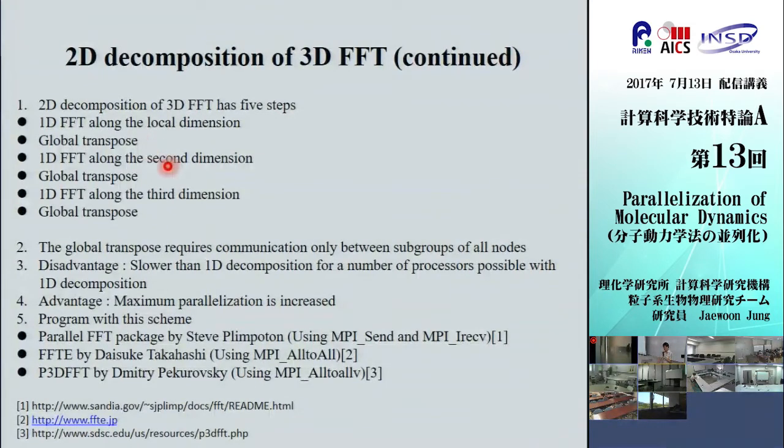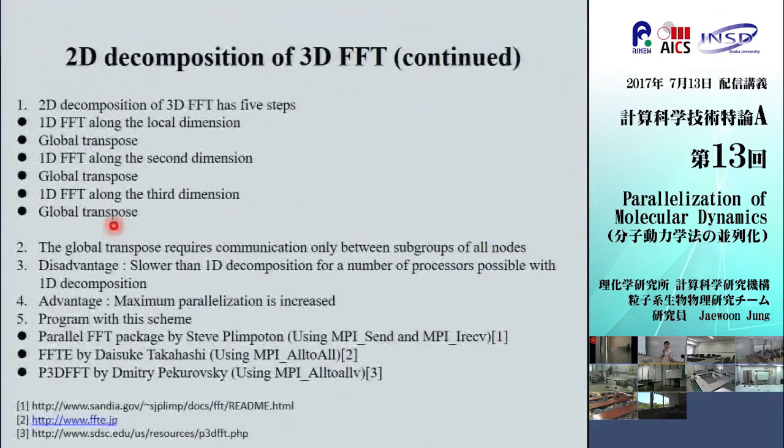And again, FFT in another direction, and communication, and FFT, and communication. In fact, the last communication can be skipped if you do not require the same array structure as the input.